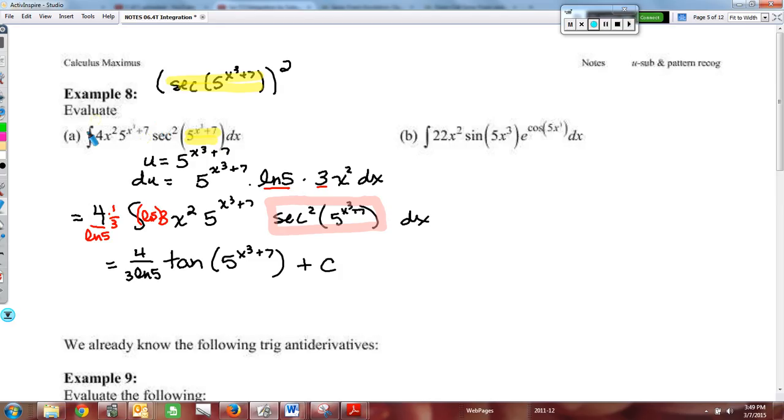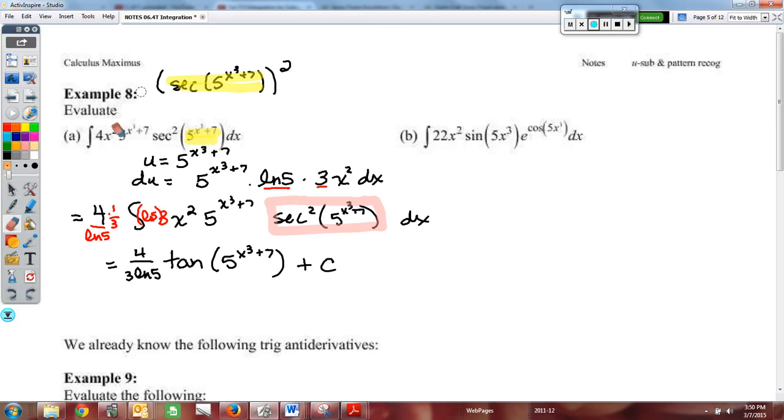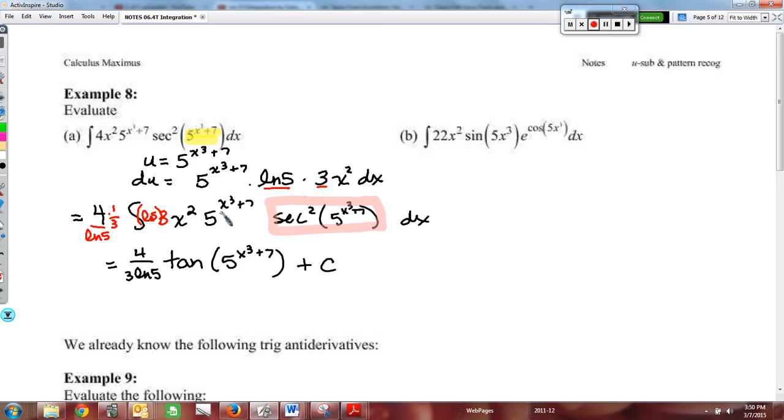And there's no secant tangent out here to match with it. So that's why I knew that was not going to be a good choice on this problem. The more you work with these, the easier it'll be to see your u substitution so that you can choose the correct u substitution to do the problem.